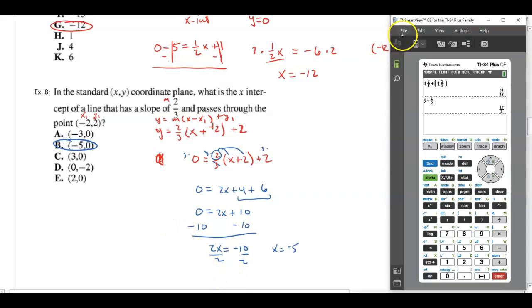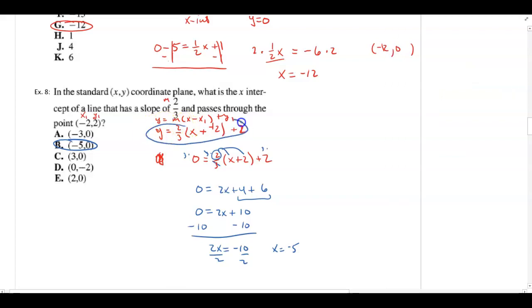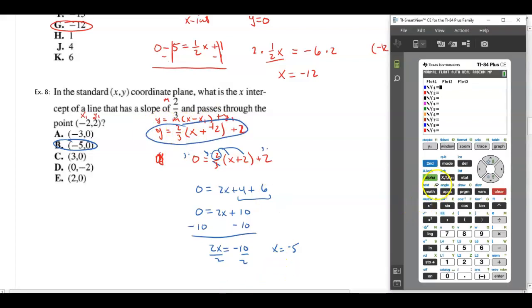That's how you would do it algebraically. But let's work a little smarter here. Anytime you're looking for any of the intercepts, just go to your y equals, right? Once I get that equation written in, I'm going to go y equals 2 over 3, open parentheses, x plus 2, close parentheses, plus 2.